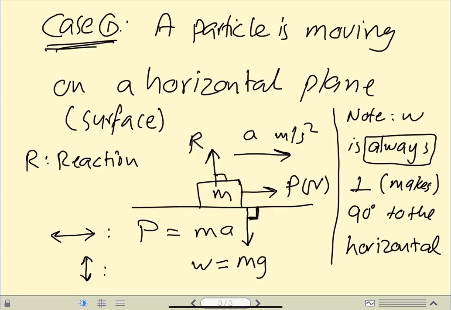R makes 90 degrees to the surface of motion. And I'll be saying it again because it's a simple example. We're still introducing this chapter. It will be more clear when you move in the next minutes to the other cases. Okay.